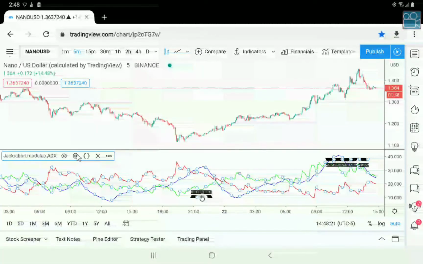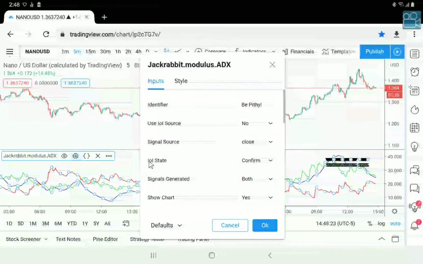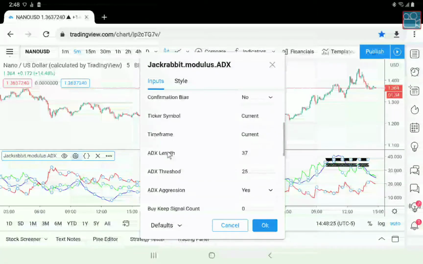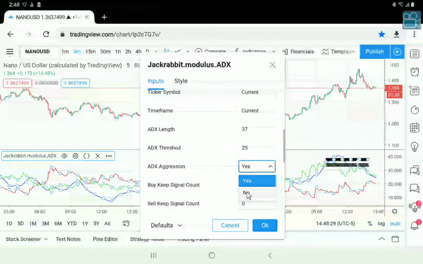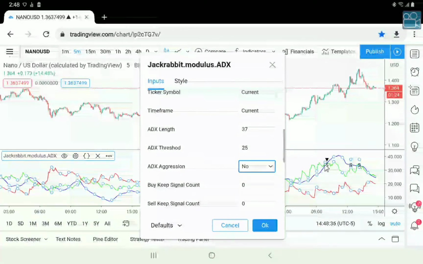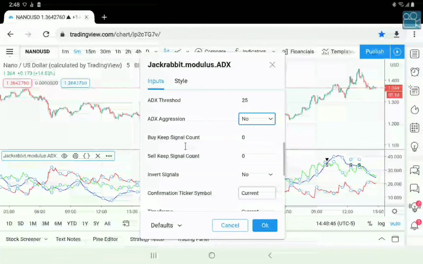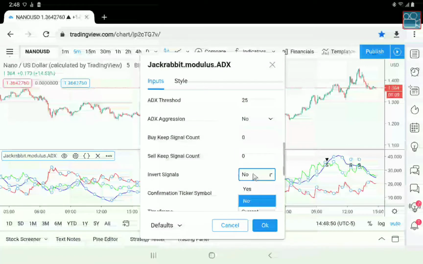So it's something to be aware of when you are working with your charts, that you may or may not need an aggressive approach. And as you can see, the aggressive approach versus the non-aggressive approach has a direct impact on the number of signals that are produced. And of course, as I said, the keep signal count and then invert signals.